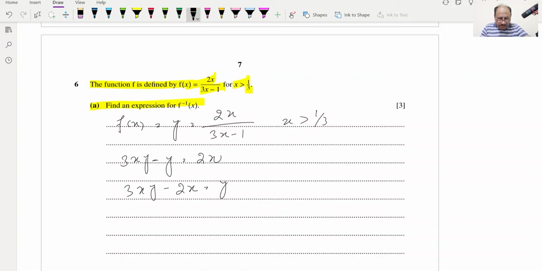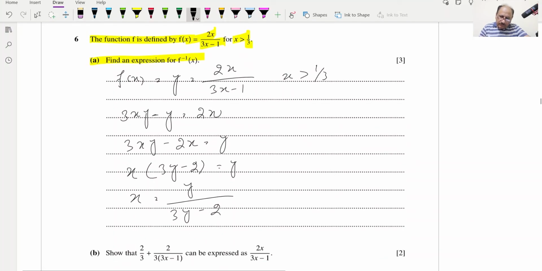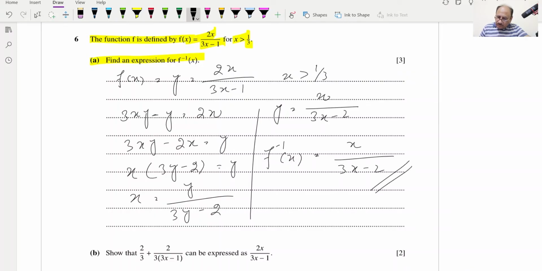So we can take x common, so inside will be 3y minus 2, and x will be equal to y over 3y minus 2, and now we can swap this, so y will be equal to x over 3x minus 2, and this will be f inverse of x equal to x over 3x minus 2, and this will be the final answer, and this is for 3 marks.